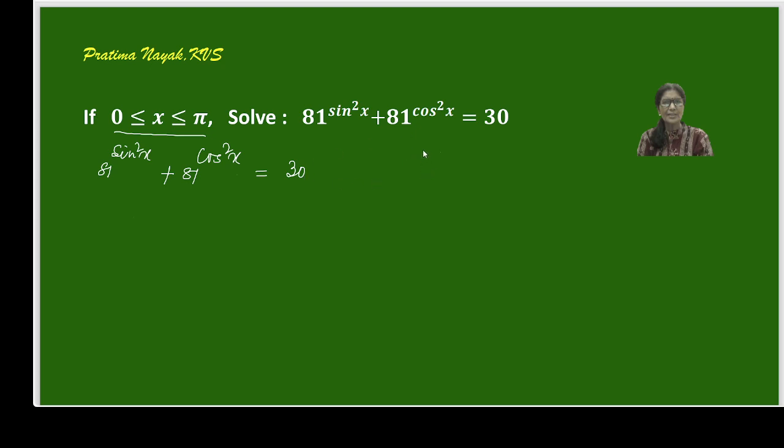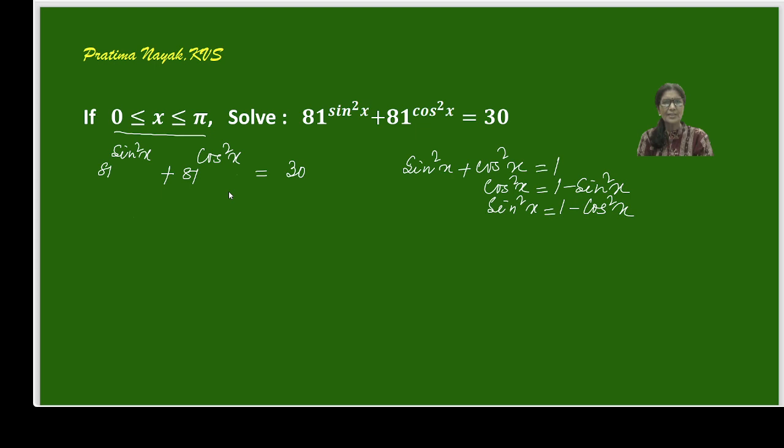First, we must recall the relation between sine square x and cos square x. Sine square x plus cos square x is always 1 for any value of x. If I represent the cos square x, I can replace it by 1 minus sine square x, or if I want to replace sine square x, I may write 1 minus cos square x.